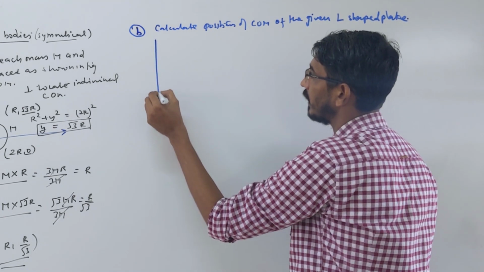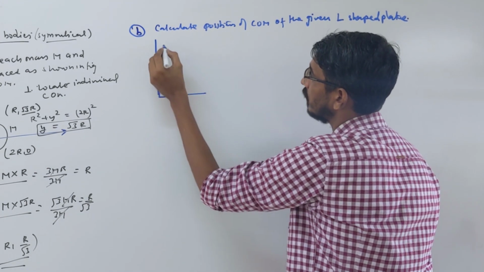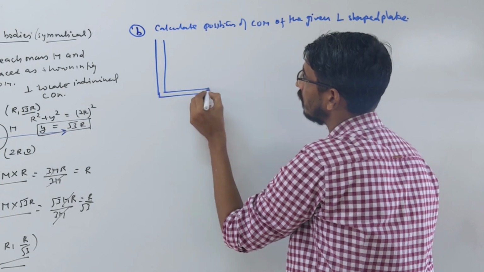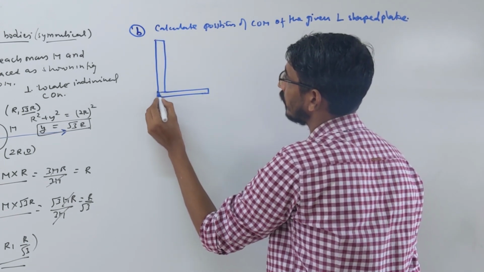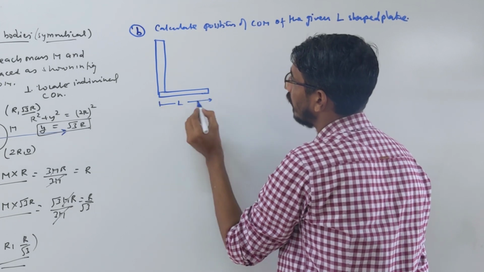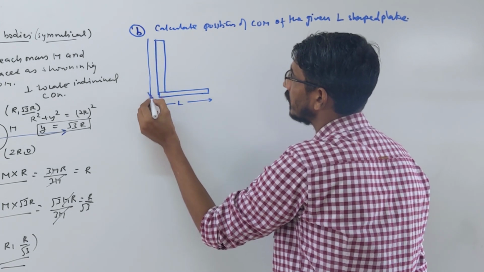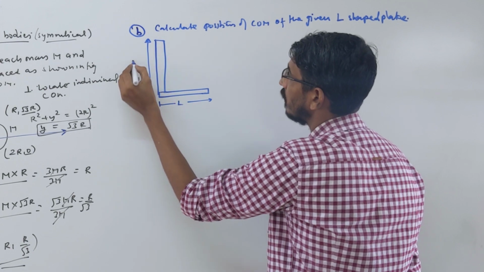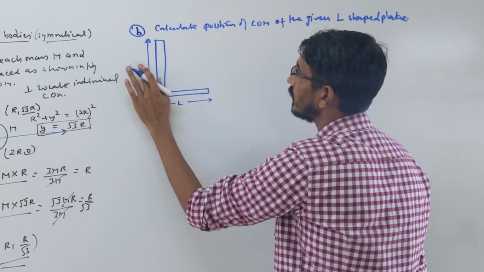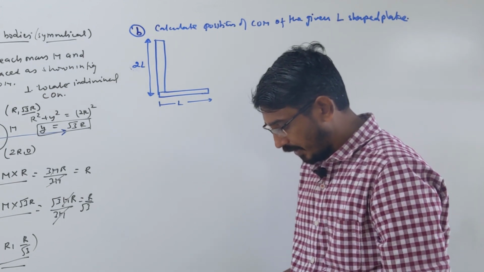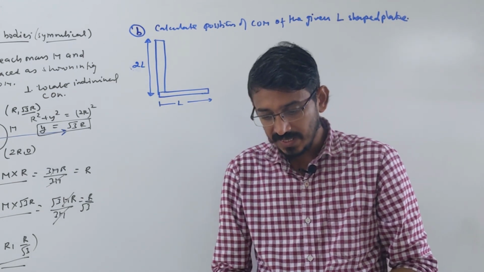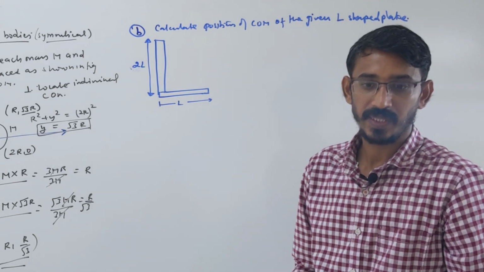So some plate is given that way, right? Okay. So that length is given L, and let's say this is bigger, 2L, correct na? Okay, we have to locate where the center of mass of this system is, correct na?